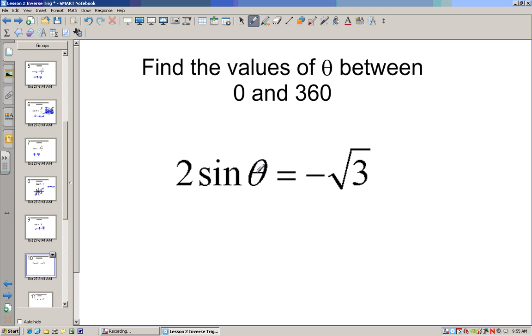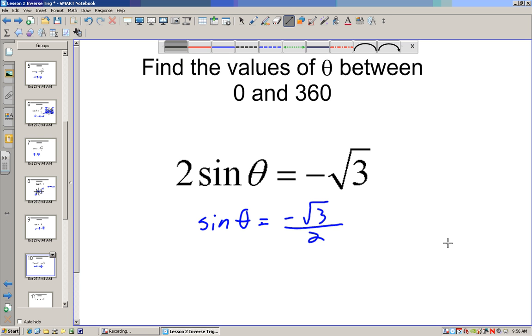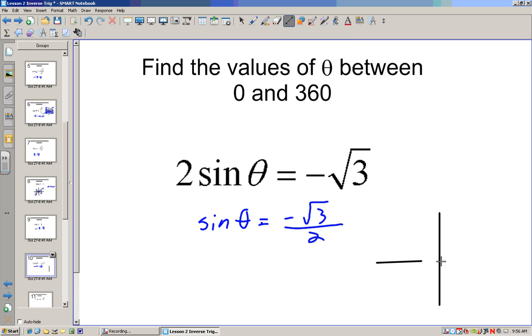Now if we have 2 sine theta equals -√3, first thing we need to do is divide by 2, so sine of theta is -√3 over 2. Now I think you guys could probably solve this. So pause the video and try to work through it. So sine of theta is -√3 over 2, so the opposite has to be a negative number. So we have -√3. Over here we have 2's.